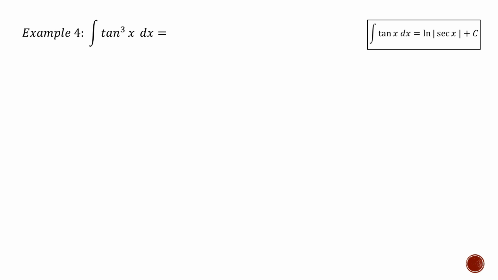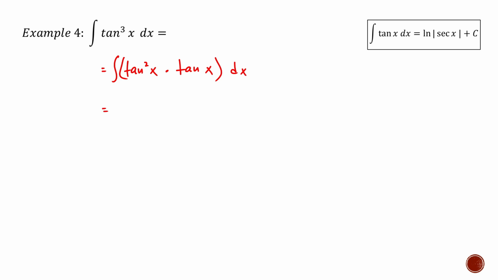Number 4, tangent cubed x dx. The antiderivative of tangent x dx is ln of secant x plus c. There's actually another equivalent of that involving the cosine function, but I prefer using this one. What I'm gonna do first is separate that tangent x from tangent cube x, so I will factorize this one: tangent square x times tangent x dx.